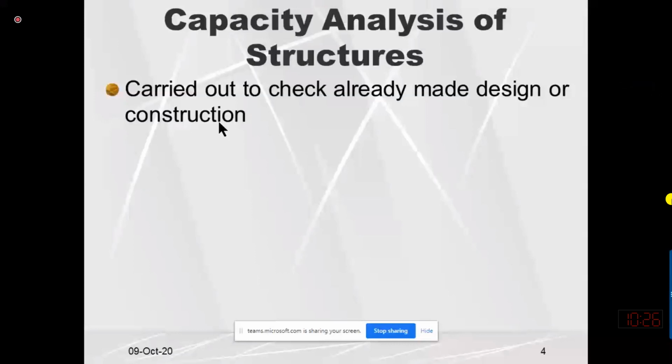If we replace the sigma value with Fy, meaning material strength, and bring I and Y to the other side, sigma value is given as 250 megapascal, I value we can compute from the cross section, and Y value is also given. From this equation, the only unknown is the moment.